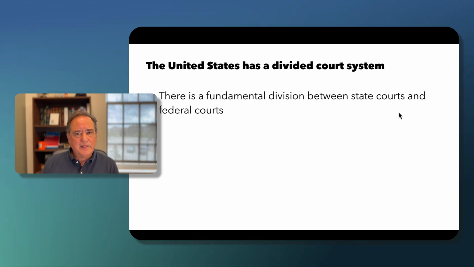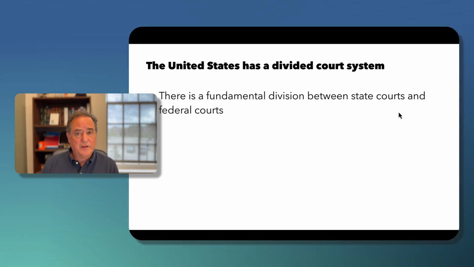Instead, it's really 52 different judicial systems. Every state has its own judicial system, including the District of Columbia, and the federal government has its own judicial system. Now, oftentimes, these courts overlap in the types of cases they can hear.